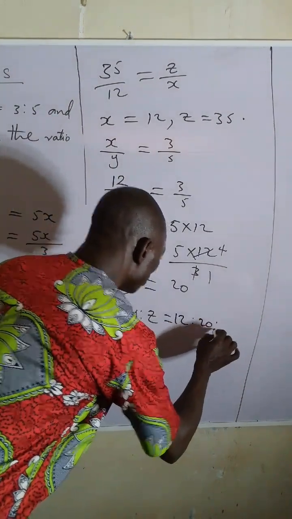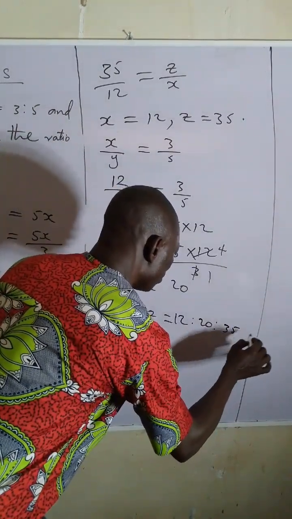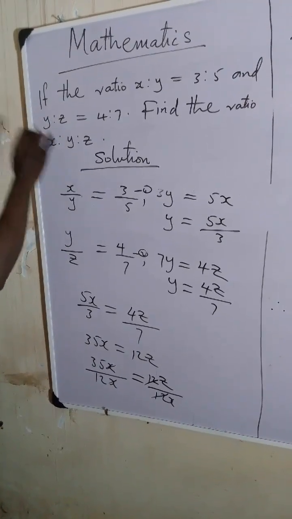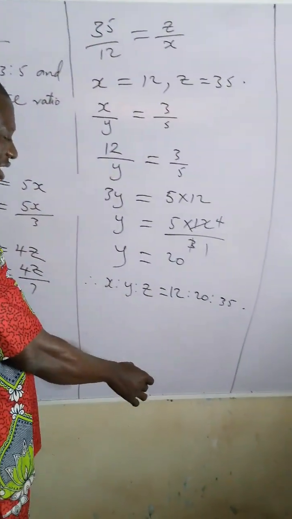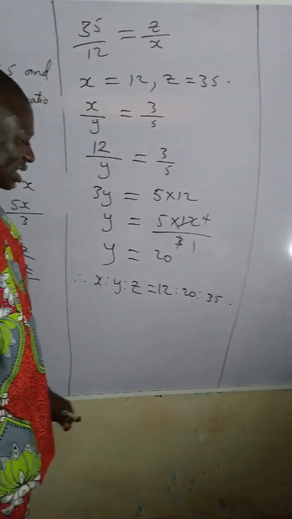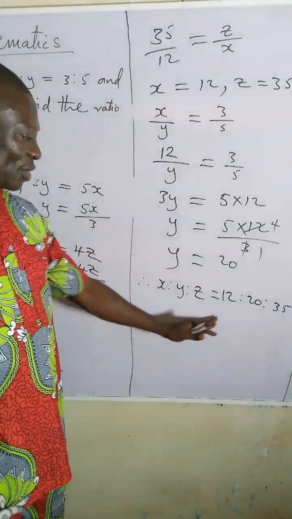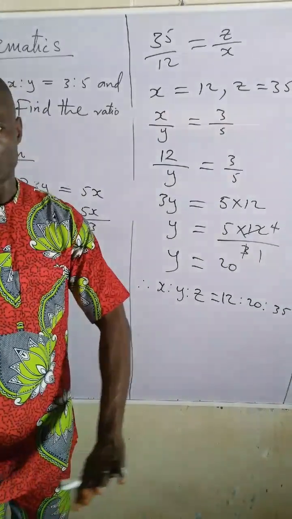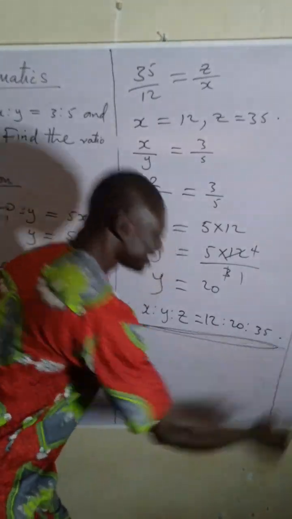And z is 35. So the ratio x is to y is to z will give us 12 is to 20 is to 35. From here, we cannot really reduce the ratio to any lower terms, so this becomes our final answer.